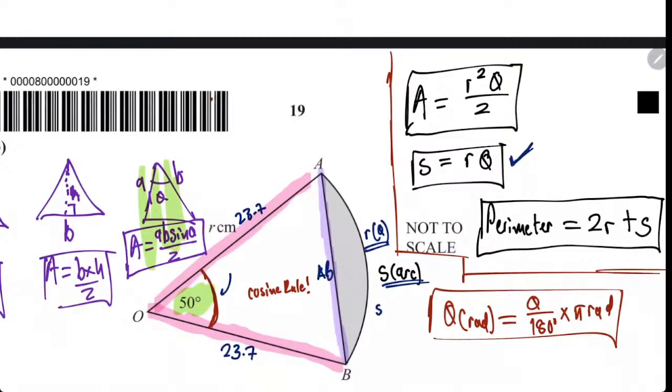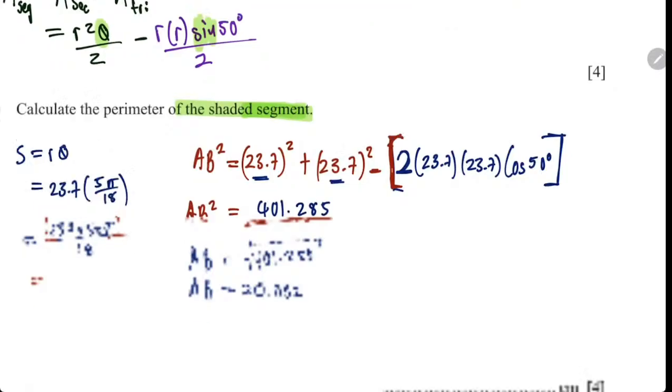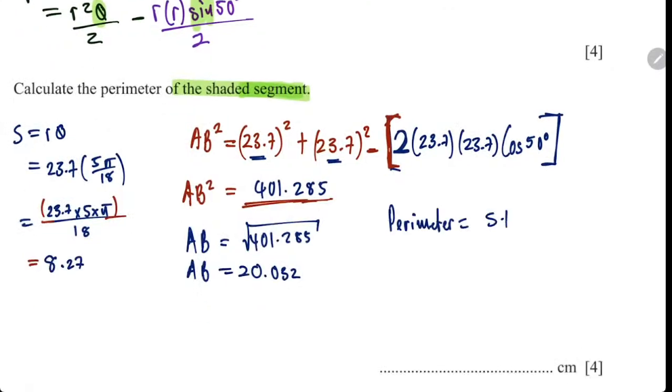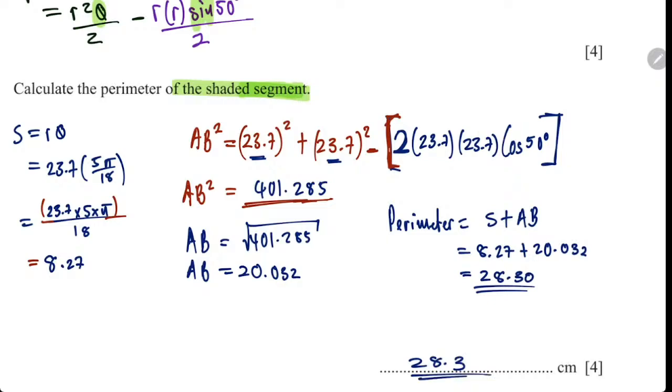So you just do, that's the whole distance. You do S, then you do AB. So it is equal to S plus AB, which is okay. You should get 28.30. This is your final answer.